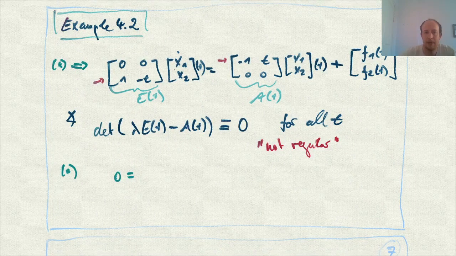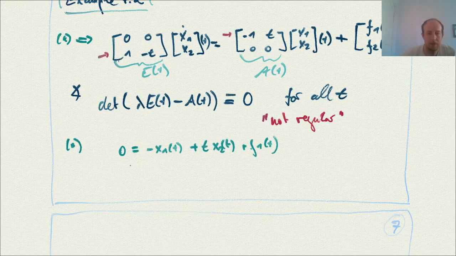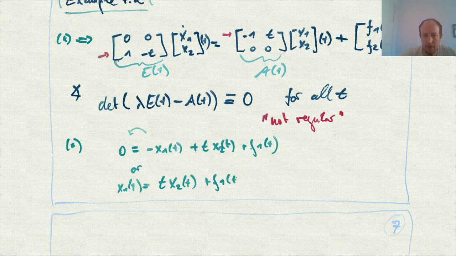Here, the first line is just 0 on this side, and here we have minus x1(t) plus t x2(t) plus f1(t). So this is this. Or we can just put this to the other side: x1(t) equals t x2(t) plus f1(t).